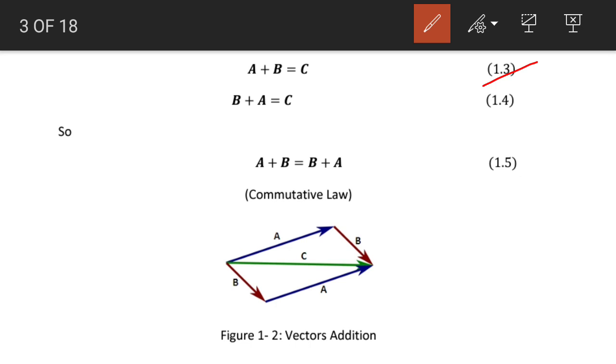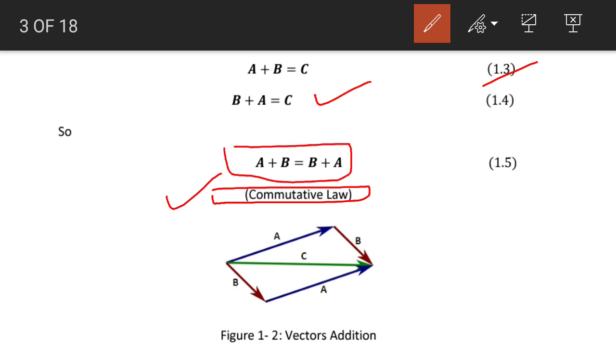And we know that the addition of two vectors obeys commutative law. So we can change the order of these two vectors. We can consider either vector A first or B first. The resultant vector does not change. So B plus A will also be equal to C. It means that vectors obey commutative law with respect to addition.